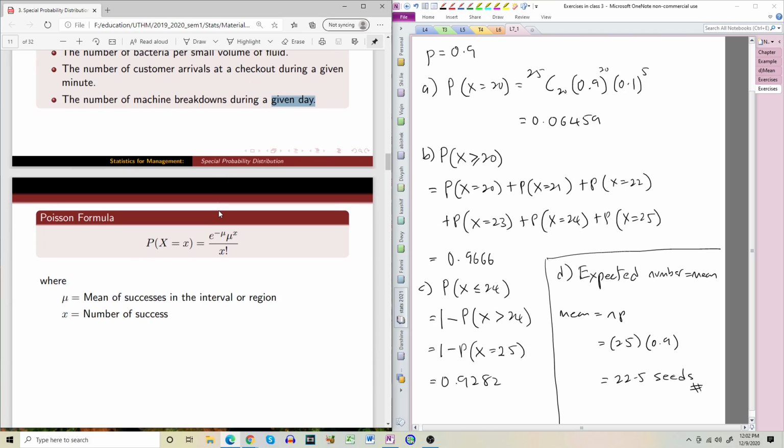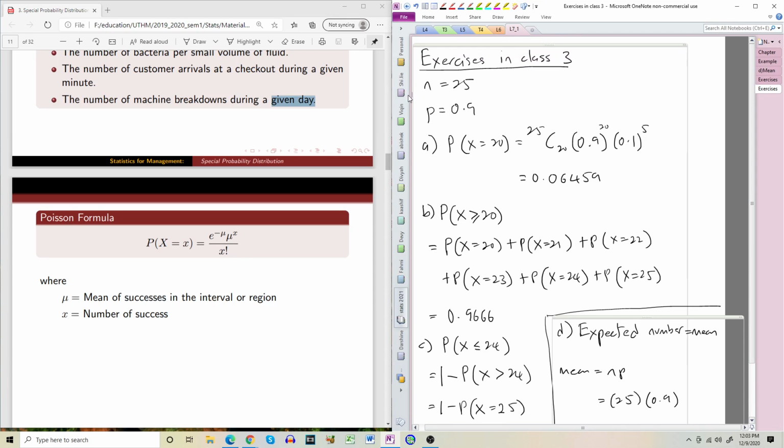If you notice in the binomial, the input is n and p. Of course, q you can find if you know what is p. What is the q here? 1 minus p. So if you have n and p, you can find the other input. So the major thing is n and p.